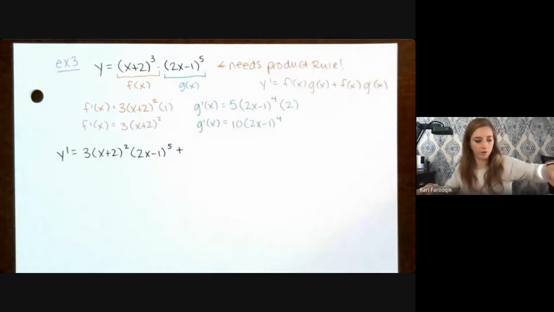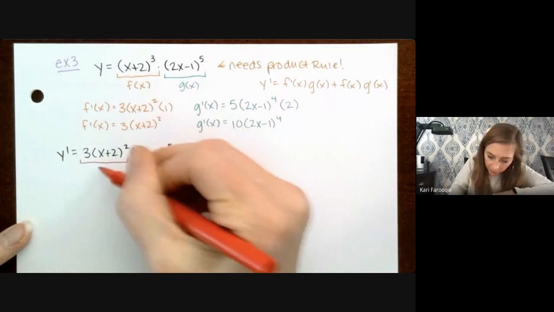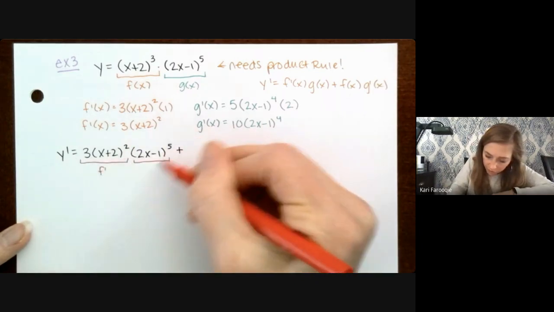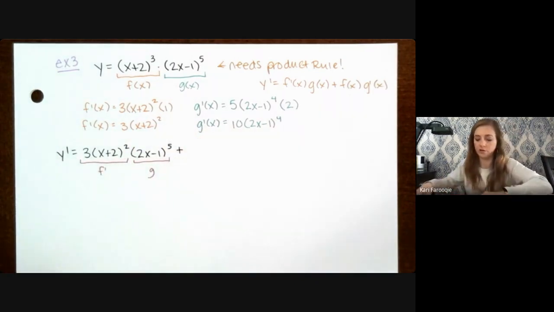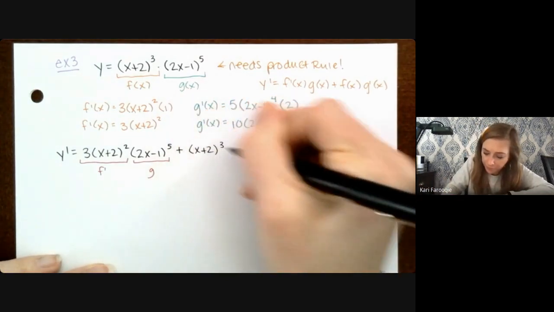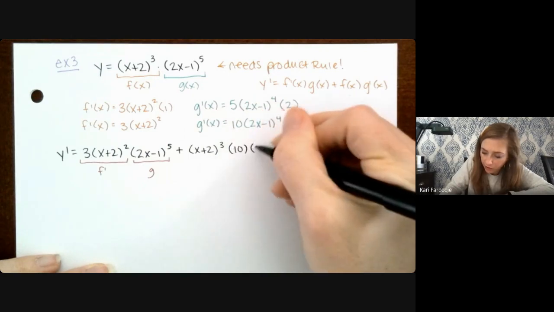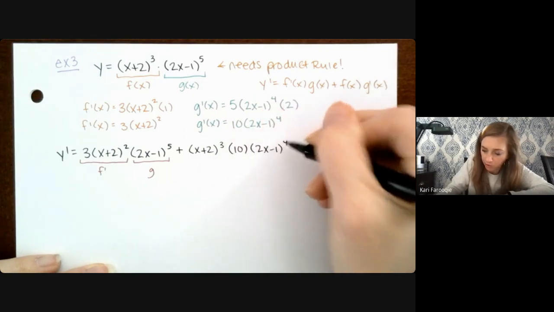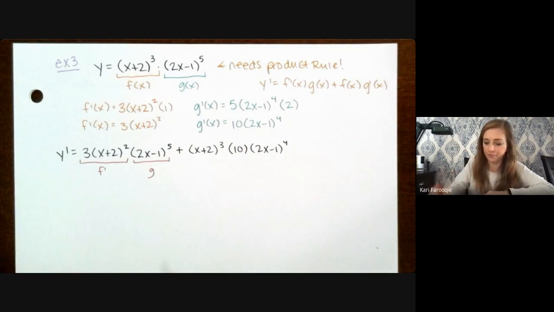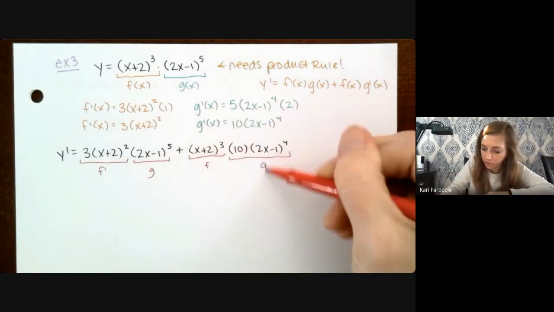So right now I have f prime g plus f g prime, which is 10 times 2x minus 1 to the 4th power. So there's your f, and here's your g prime.